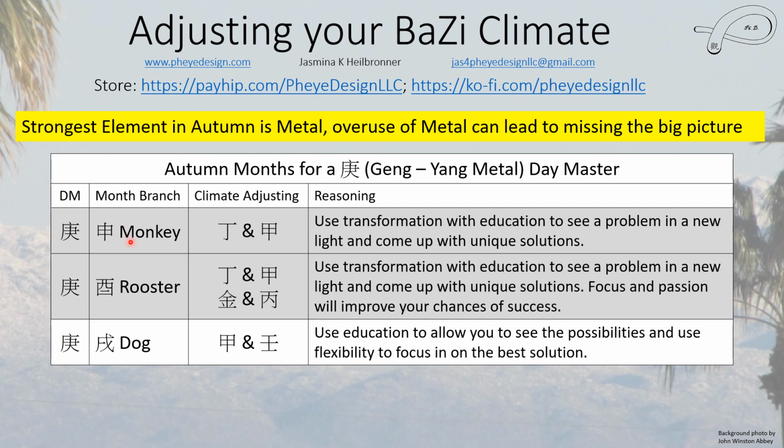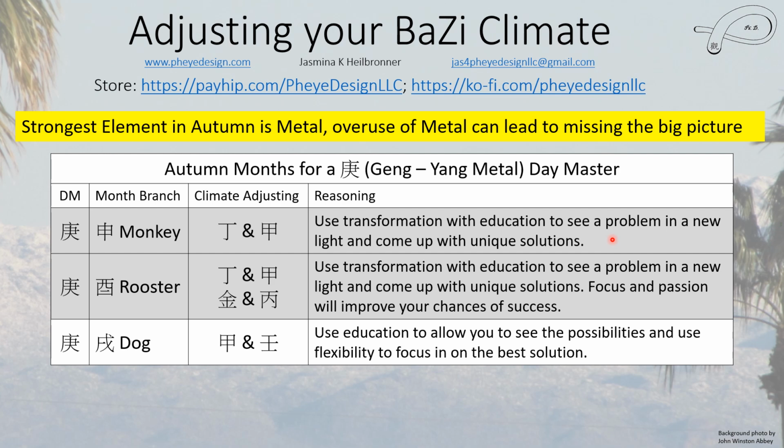So what this all means is you need to use transformation, that is taking successful ideas from one source and applying them to your current problem. But you also need education. This can be formal or informal education, but you need to learn something new. And together, those two things allow you to see the problem in a big enough picture that you can see a path to get to the solution.